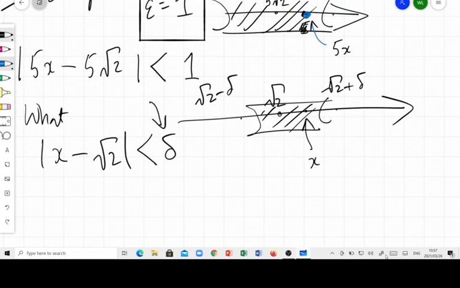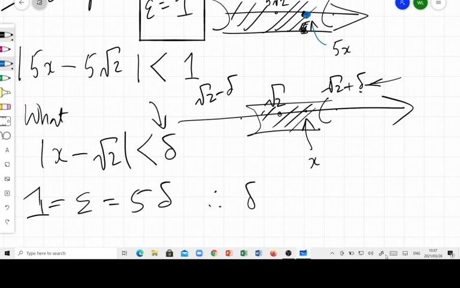Now remember that when you magnify something, the original error from square root of 2, which is your delta, gets magnified by 5. We've seen it over and over, about 3 times. So obviously, because my epsilon, which is 1, is equal to 5 delta, this forces my delta to be 1 over 5.